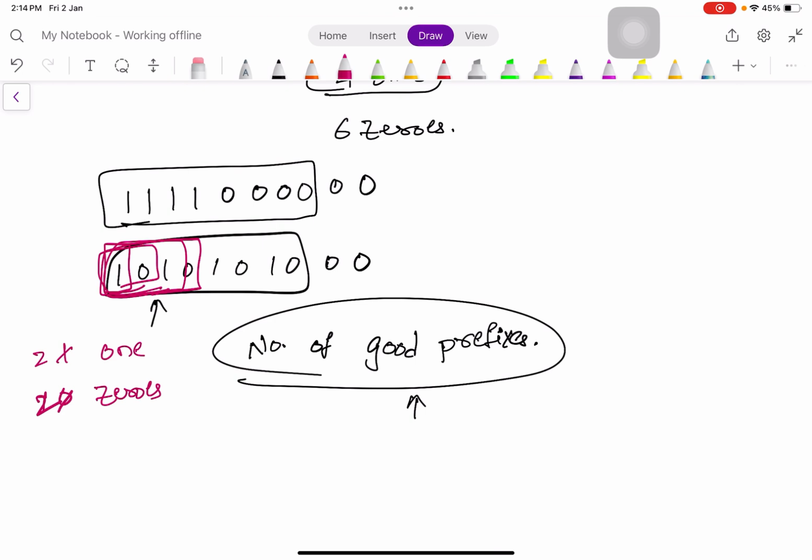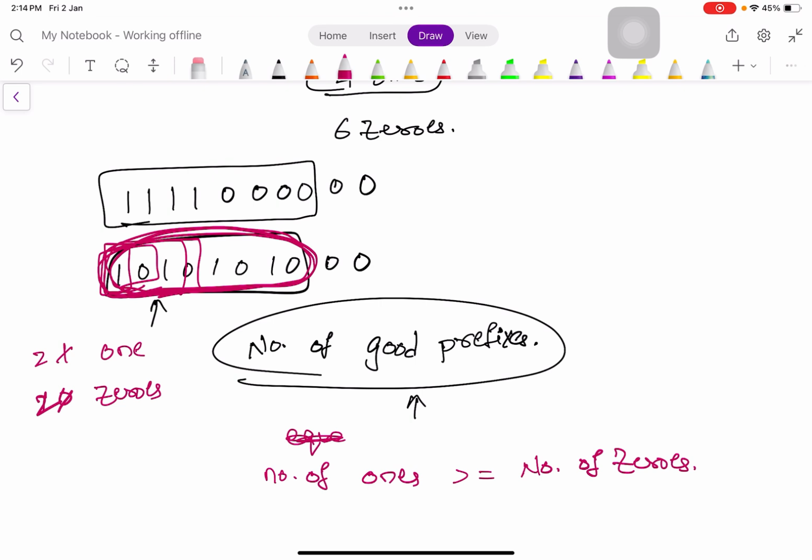So what is happening here is that for the prefix we are taking to be good, the number of ones should be greater than or equal to the number of zeros.